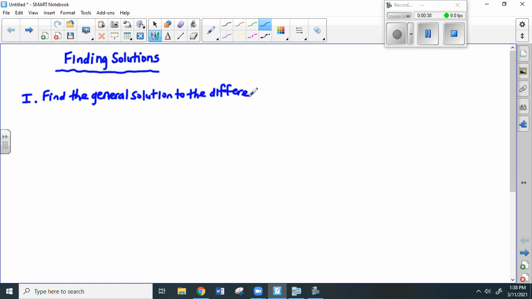What makes it a differential equation is that, one, it's an equation, but it's got something like dy over dx equals something with x's in it.